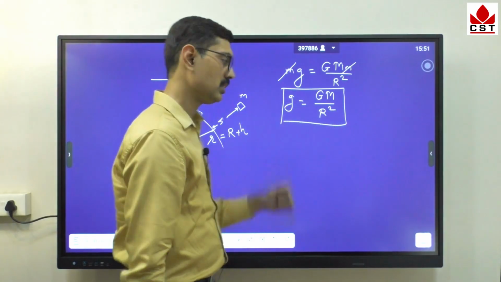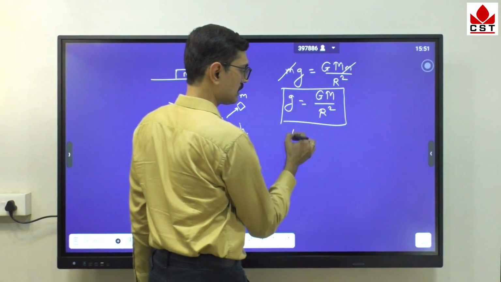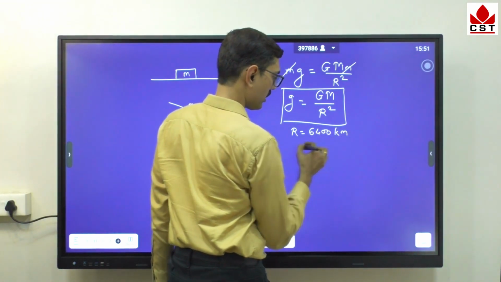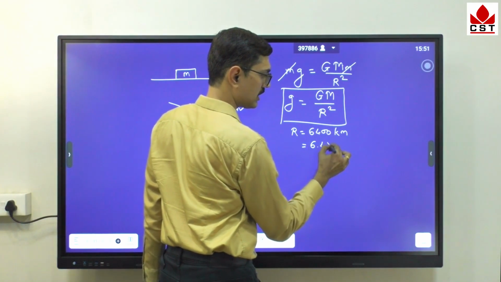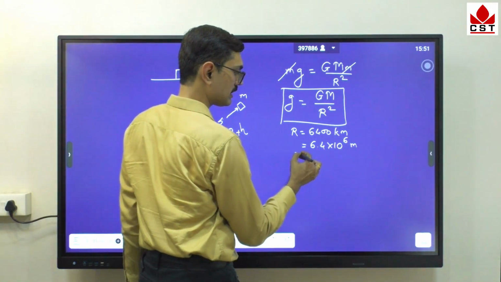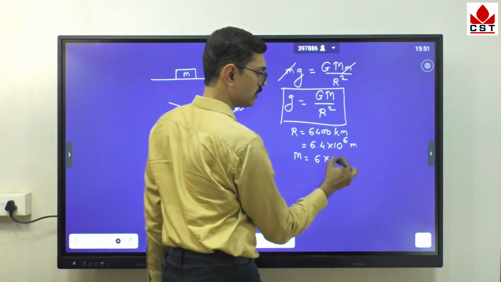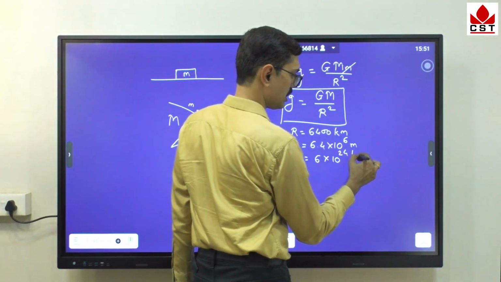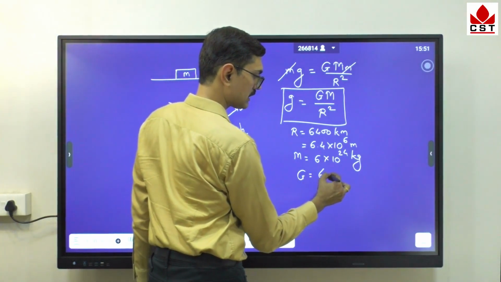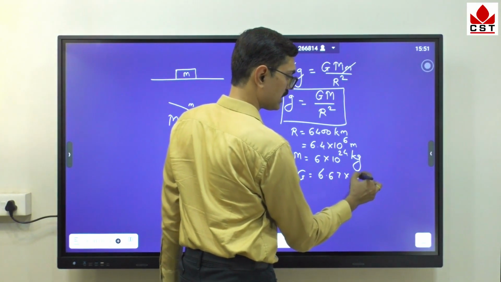What is R? We know that the R value is about 6,400 kilometer, or 6.4 into 10 raised to 6 meter. Capital M, the mass of the earth, is about 6 into 10 raised to 24 kg, and we know the value of G is 6.67 into 10 raised to minus 11.